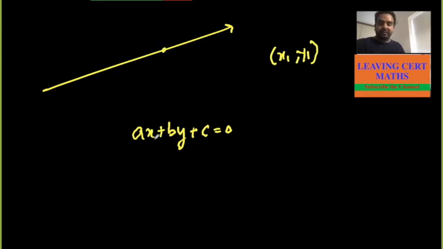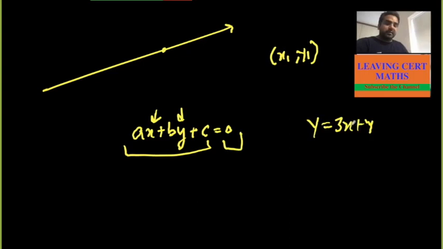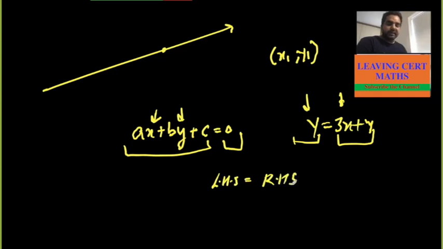Just put it there, replace, and if left hand side is equal to right hand side, then the point is on the line. If they are not equal, then the point is not on the line, right?